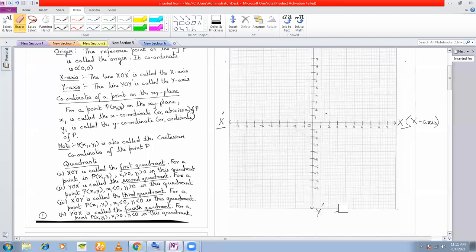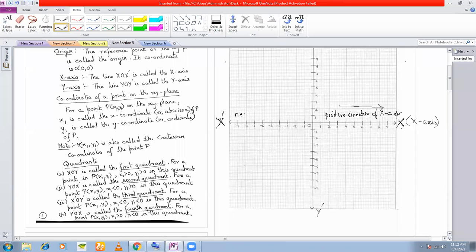And once you have written all this, now the question is why x here and why x dashed here. X here because this is called the positive direction of x-axis. That is, this direction is the positive direction.